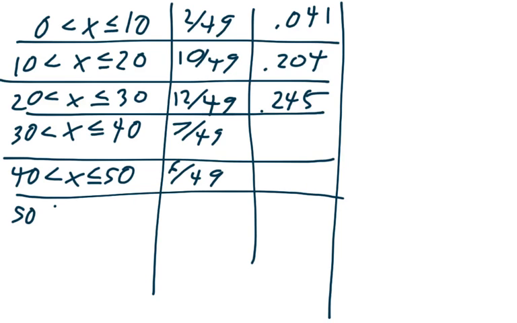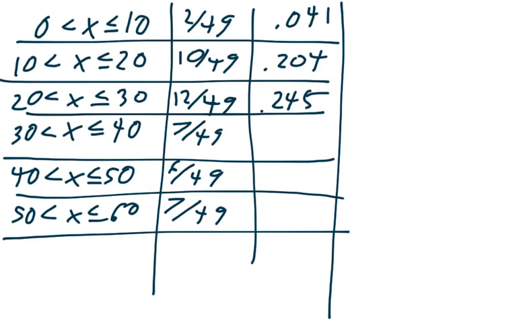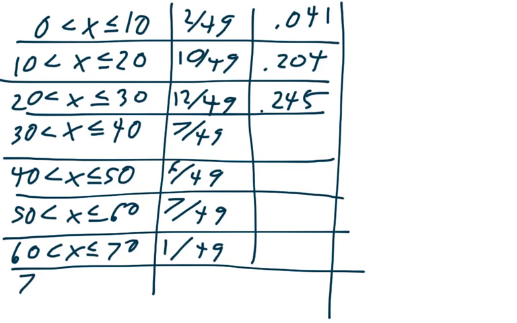From 50 to 60, we had 7 out of 49. From 60 to 70, we had 1 out of 49. From 70 to 80, we had 1 out of 49 again.